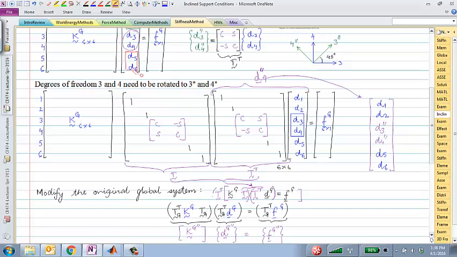This outside, so if I take all of these things and put them in one bracket, take these things and put them in one other bracket, and on the right hand side I'll have to pre-multiply by T transpose times FG. So that's how we get this equation. Okay. Let me ask you this.